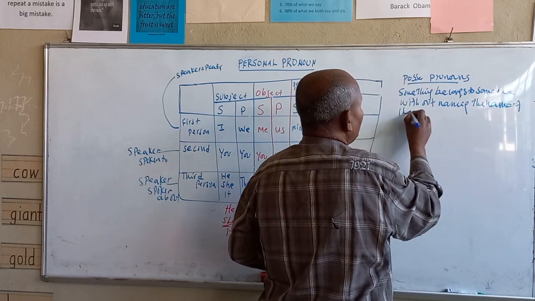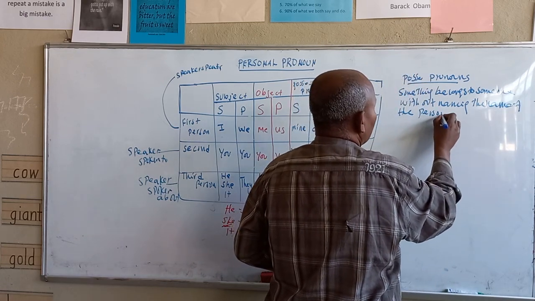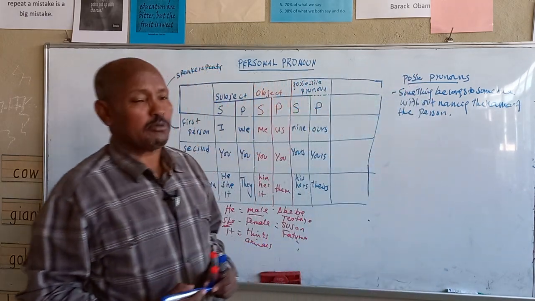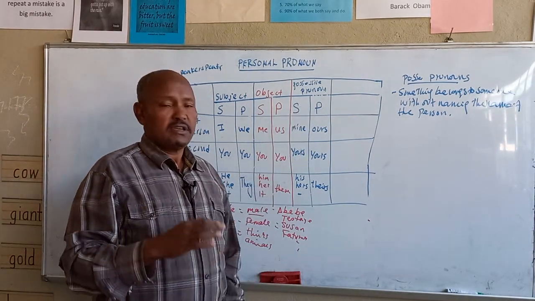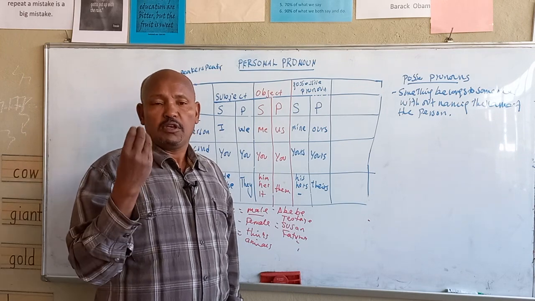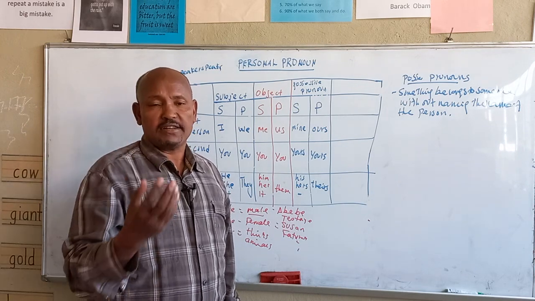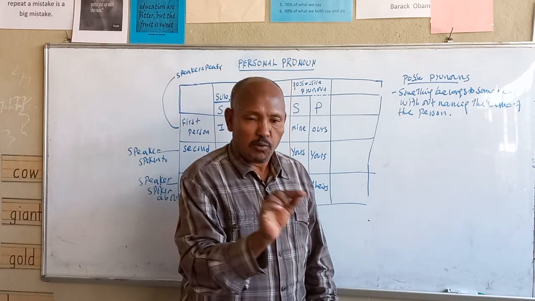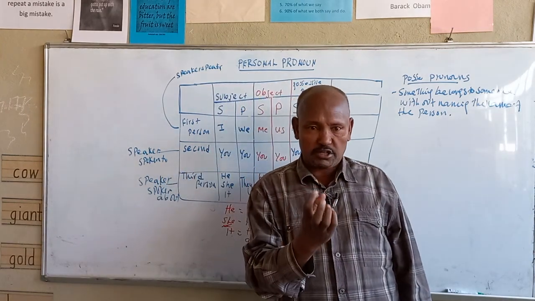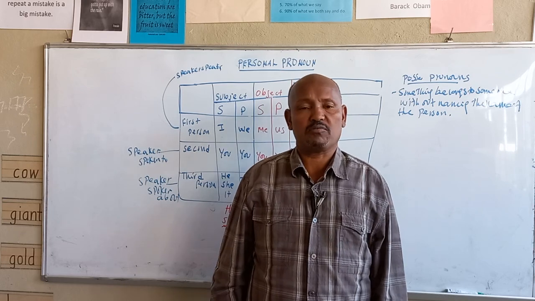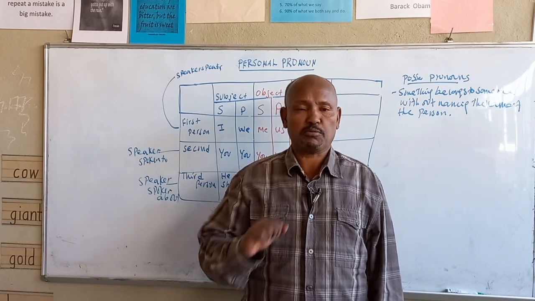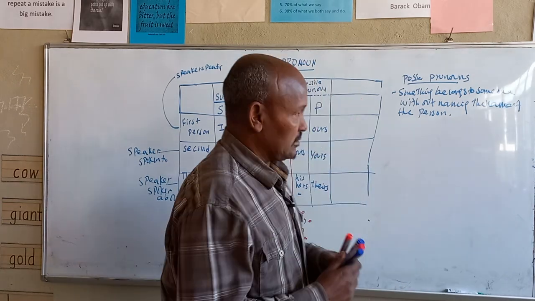It has a singular form and plural form. It shows possession, belonging, ownership, but we do not name the person who owns it. That is a possessive pronoun, all right?